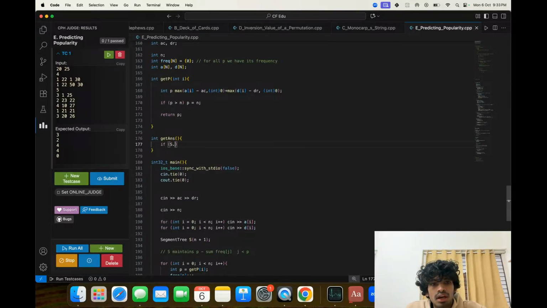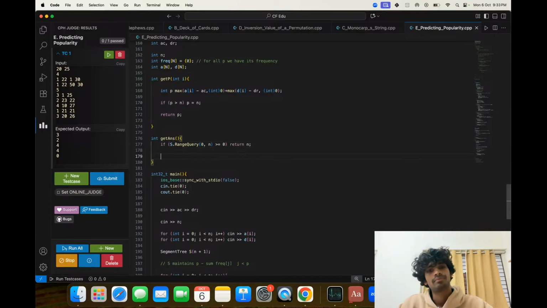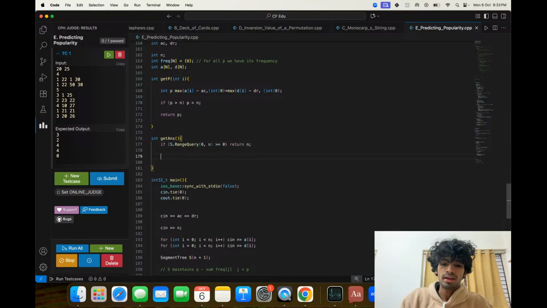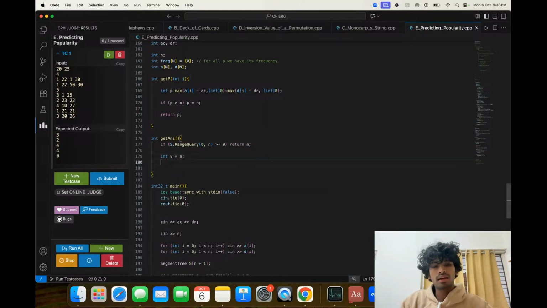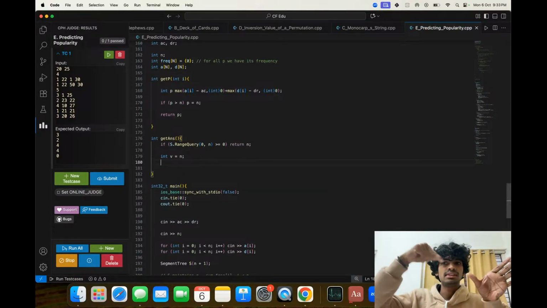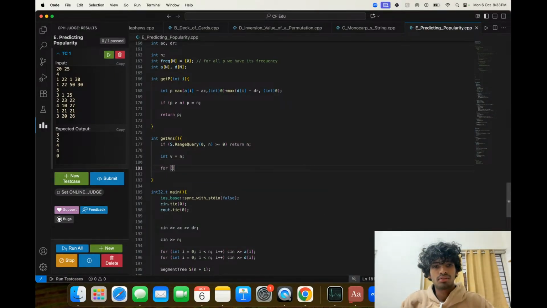If s dot range query of 0 comma n is greater than or equal to 0, return n. Okay. Now you have n being impossible. Till here there is a negative thing.